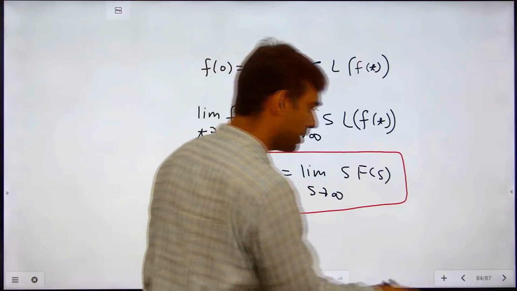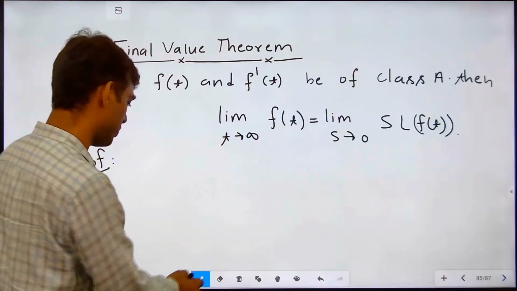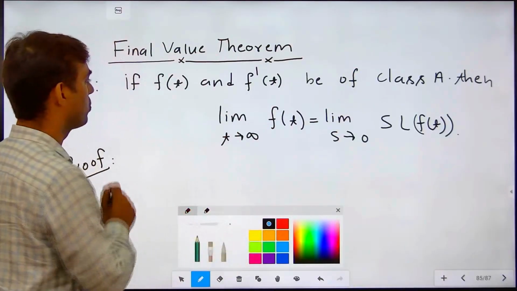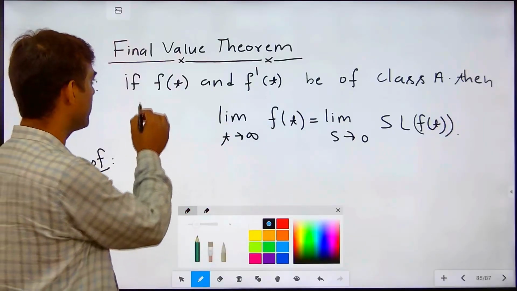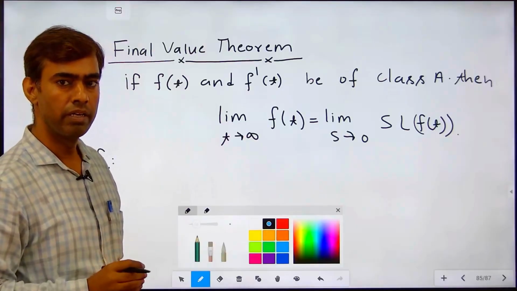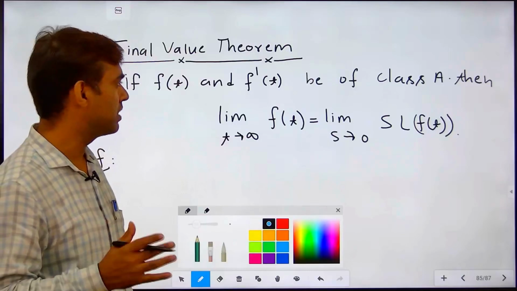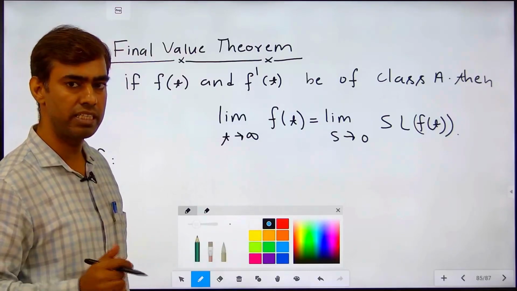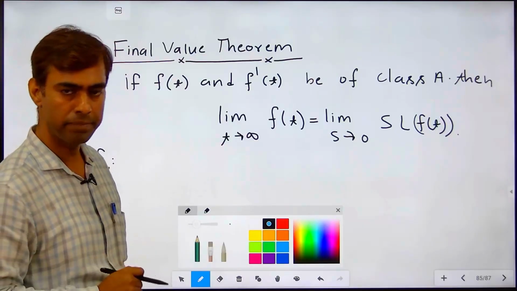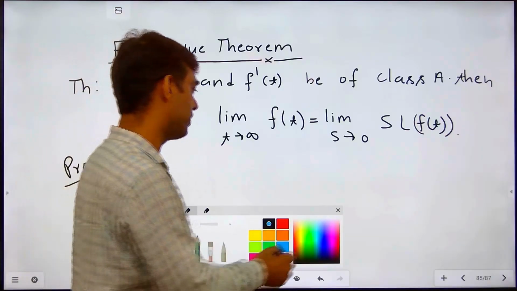In a similar manner, there is a final value theorem. Here we have already written the statement of the final value theorem. What is the statement of the final value theorem? Again, we assume that f(t) and f dash t are both under the category of class A functions, meaning both have exponential order as t tends to infinity, and both are either piecewise continuous or continuous from t equals 0 to infinity.